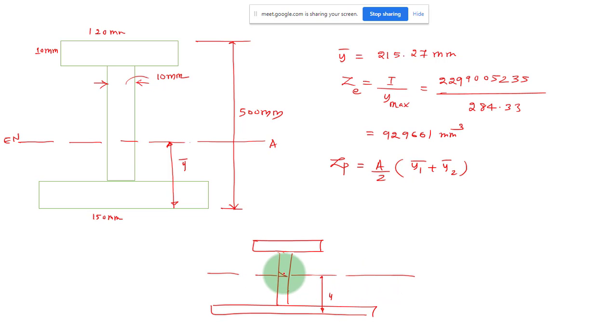Let us say this area is the compression area, and I can locate the CG of this section somewhere here. So I can find the distance y1 bar. Similarly, I can find the CG of this other part, somewhere here, find y2 bar and substitute here. That is the procedure.